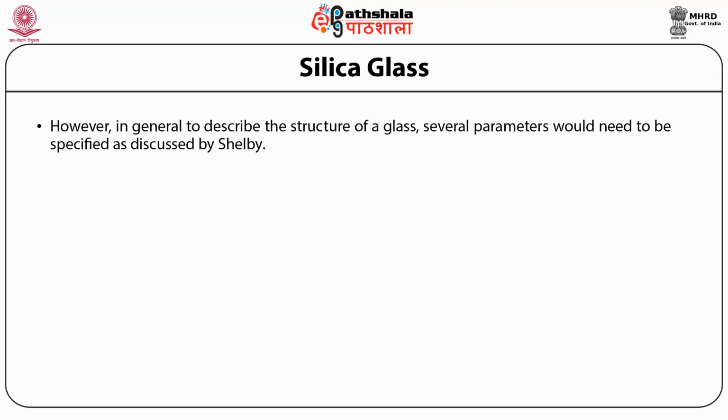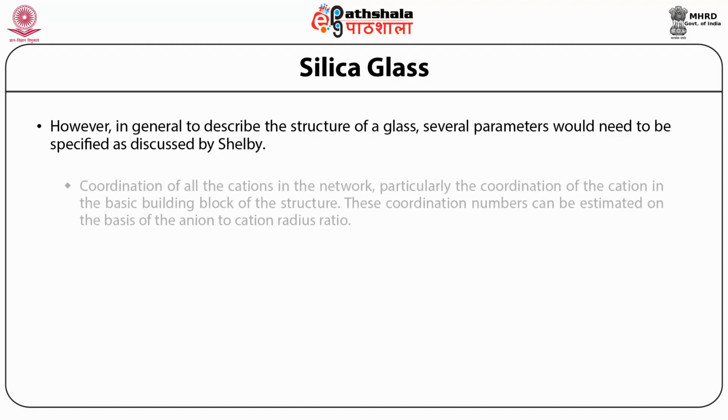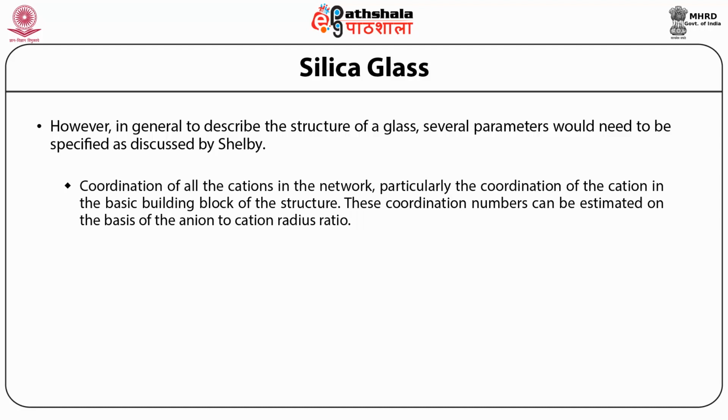However, in general, to describe the structure of a glass, several parameters would need to be specified, as discussed by Shelby. These are briefly described as follows. First is the coordination of all the cations in the network, particularly the coordination of the cation in the basic building block of the structure. These coordination numbers can be estimated on the basis of the anion to cation radius ratio.